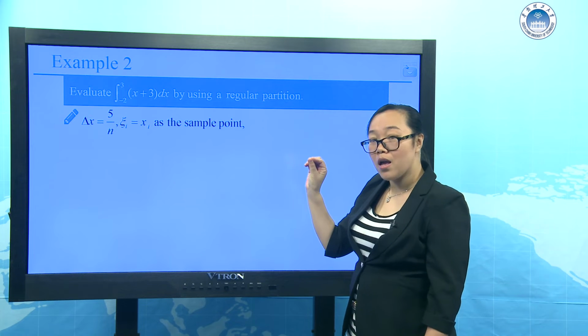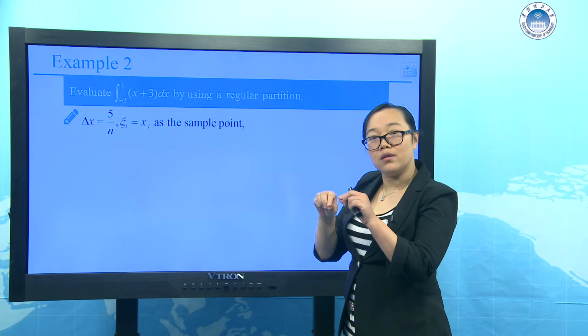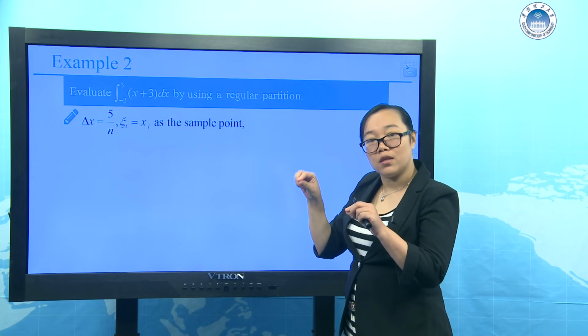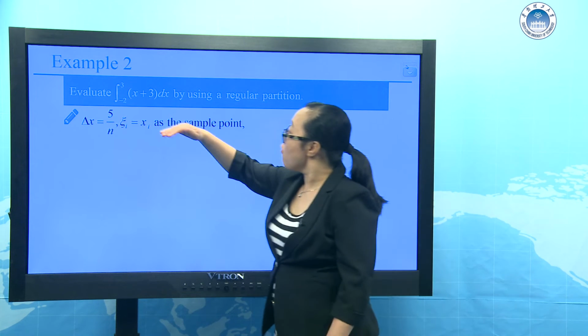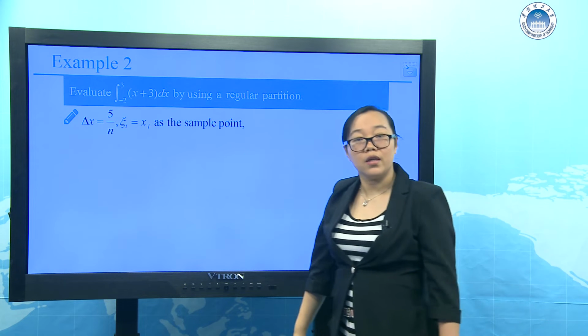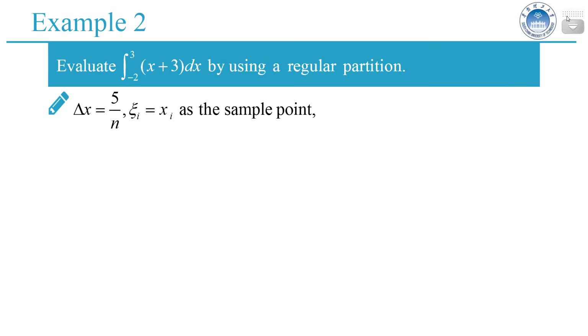So the given closed interval is divided into n intervals, and every interval distance is 5 over n. Taking xi as our sample point means some fixed point in the closed interval.